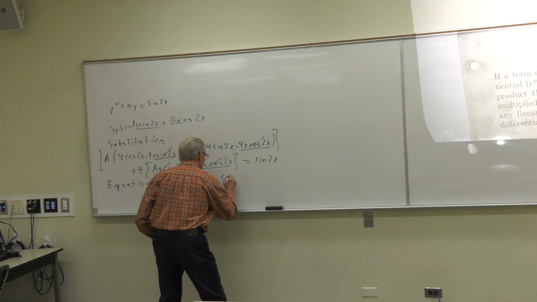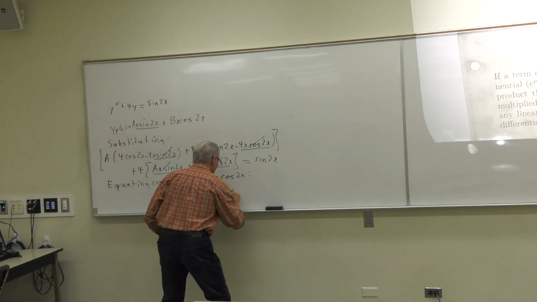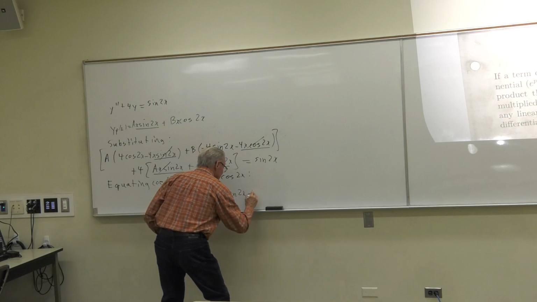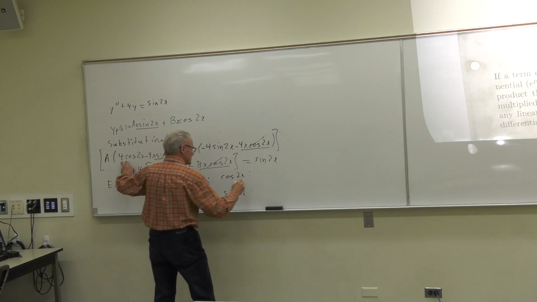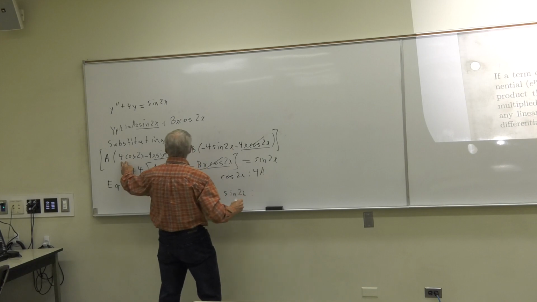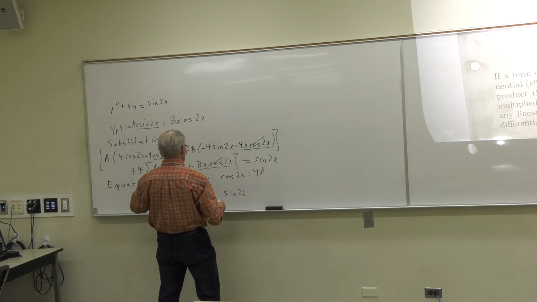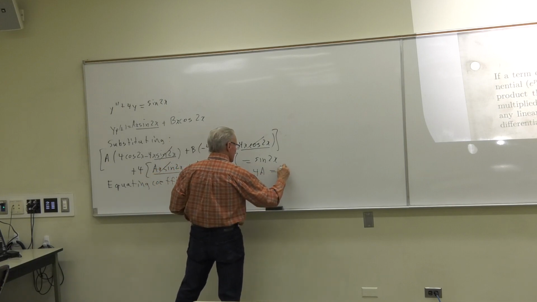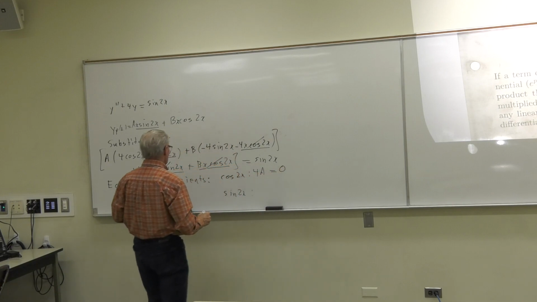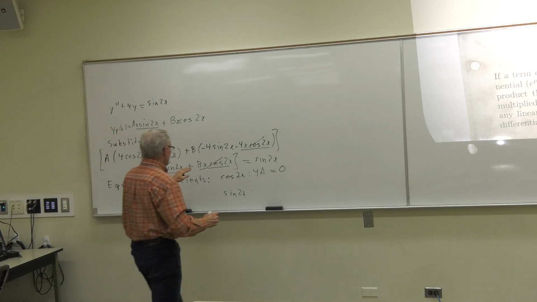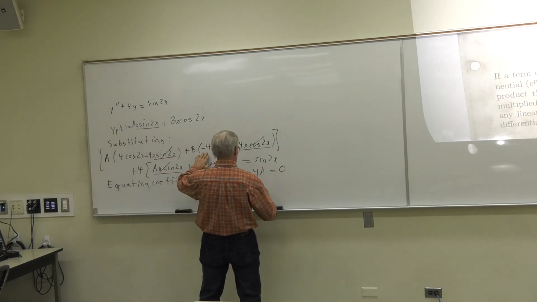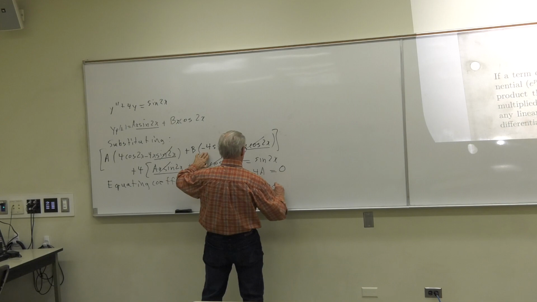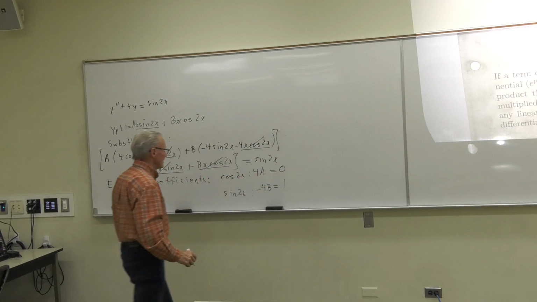What's left? Cosine 2x's and sine 2x's. Cosine 2x's, 4a of them there. That's all. And there are none on the other side? 0. And sine 2x's, there's minus 4b of them here. And on the other side, there's 1.